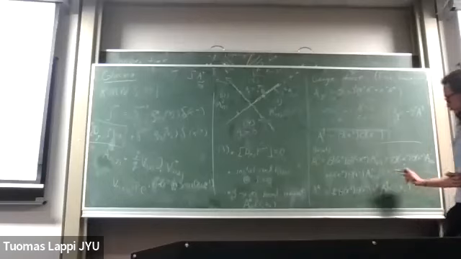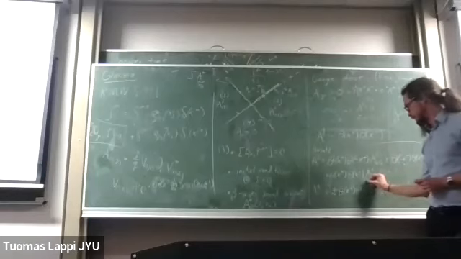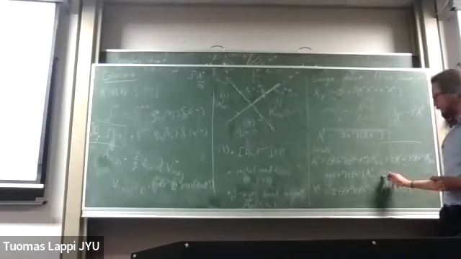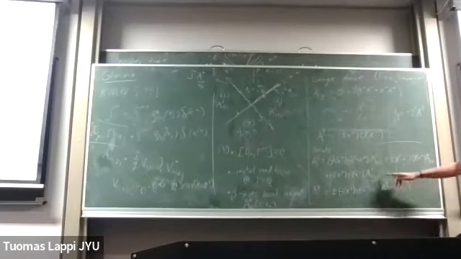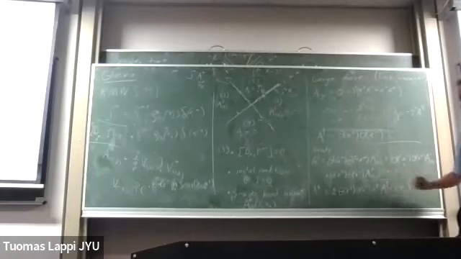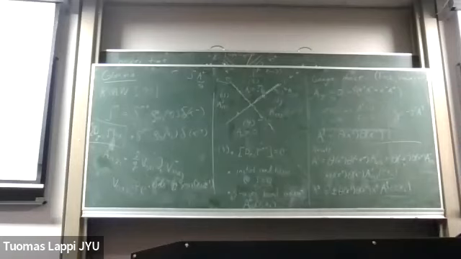And now I wrote the arguments explicitly, using our boost invariance assumption, that these are going to depend on tau and eta. So here is an ansatz, and these are the unknowns, and what we want to get is the initial condition for these functions at tau equals 0.